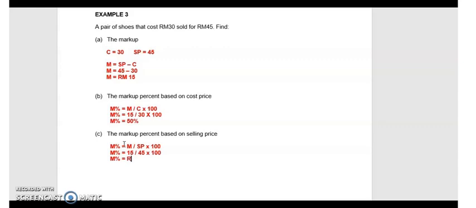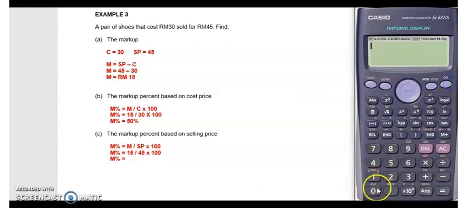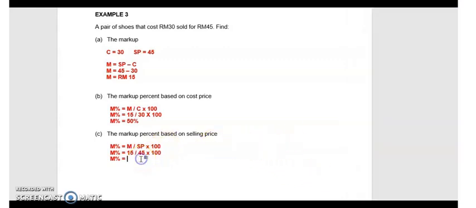So markup percent here is, sorry, not RM because it is in percentage. So 15 times 100 divided by 45 is 33.33%. So if we are the seller and we want higher markup, for sure you will take markup based on cost price.